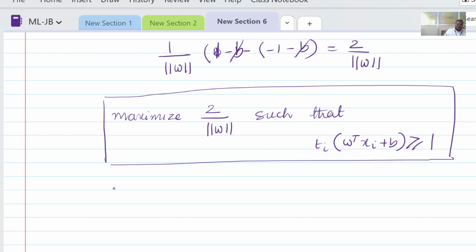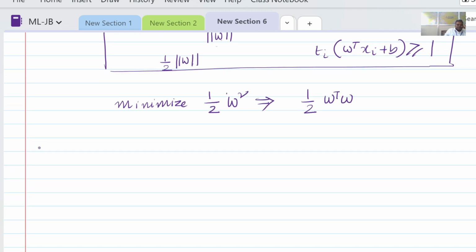For mathematical convenience, instead of maximizing 2 by magnitude of W, we take half and minimize. And because magnitude is calculated from the square, let us take half W square. Because W is a vector, instead of writing W square, I will write W transpose into W.